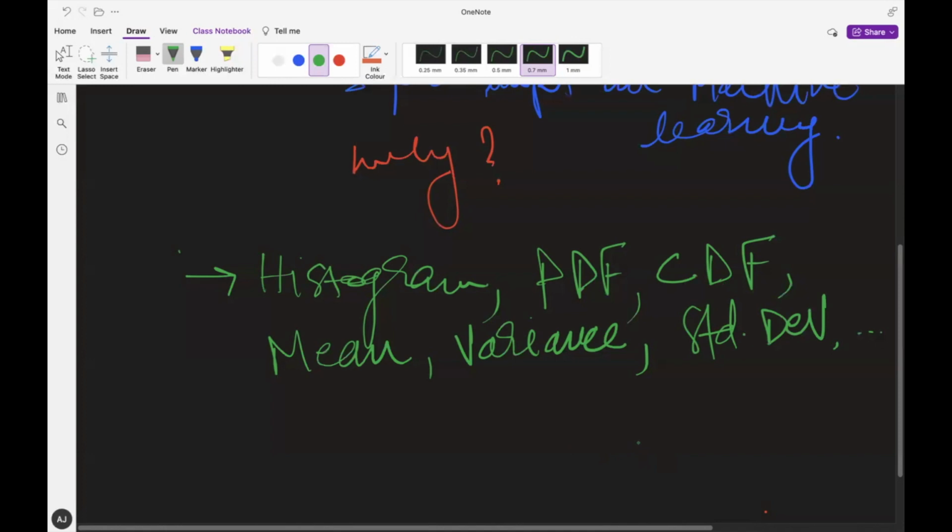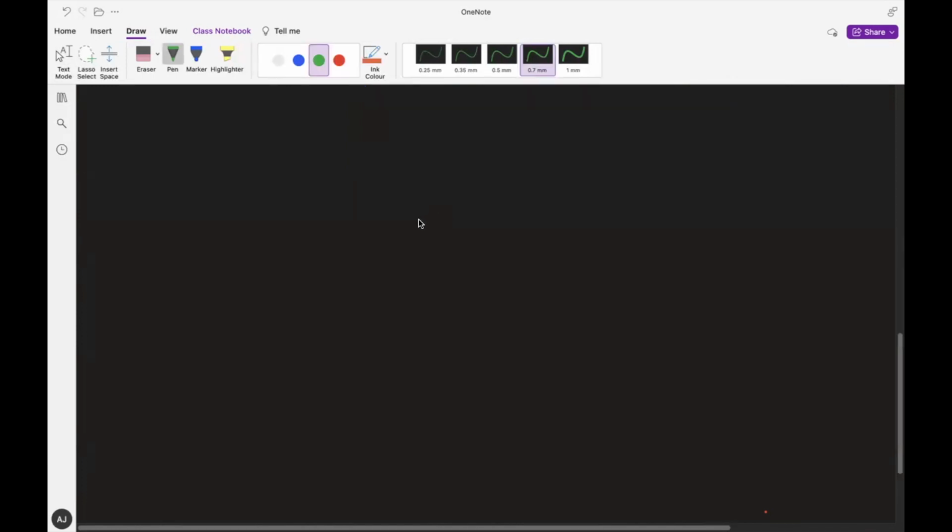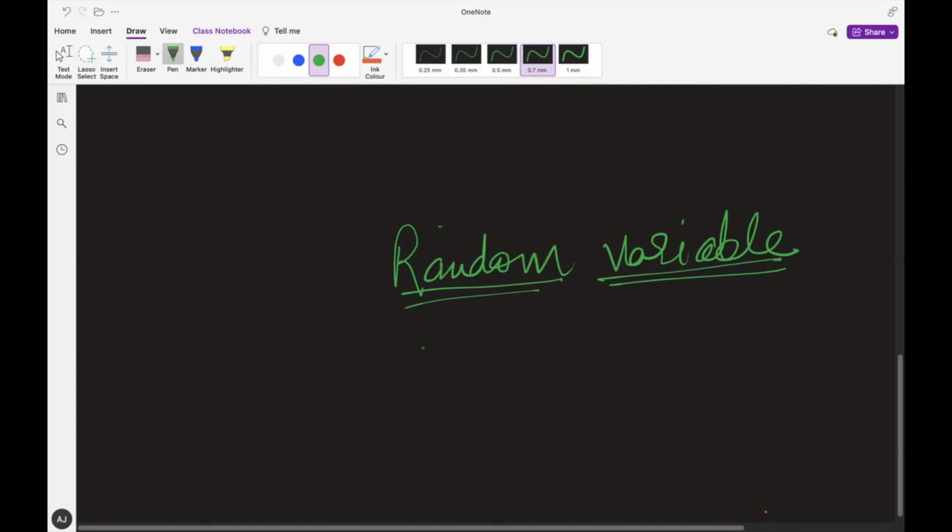Now, having understood why probability and statistics are important areas to study, and since we have motivated ourselves from the very simple example of classification of iris flowers that we just saw, let's understand some notations. The first important idea is the idea of a random variable. So we know what variables are in programming.